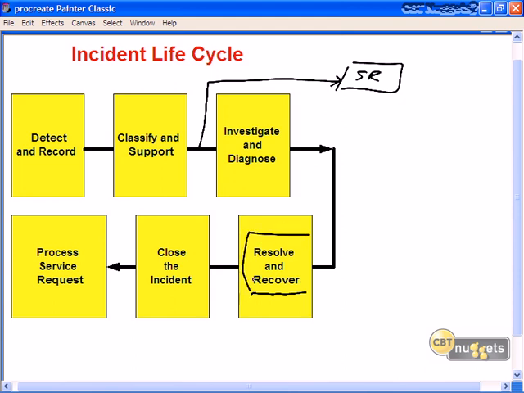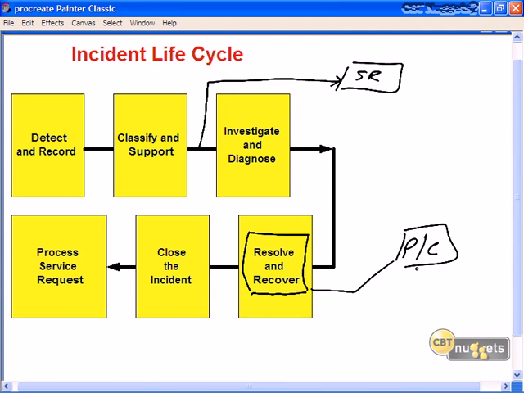There must be some type of resolution to the incident, even if the resolution is to move it into the problem and change management area of IT services to implement some type of infrastructure change, where resources have to be allocated and systems replaced or updated. So there has to be some type of resolution here.